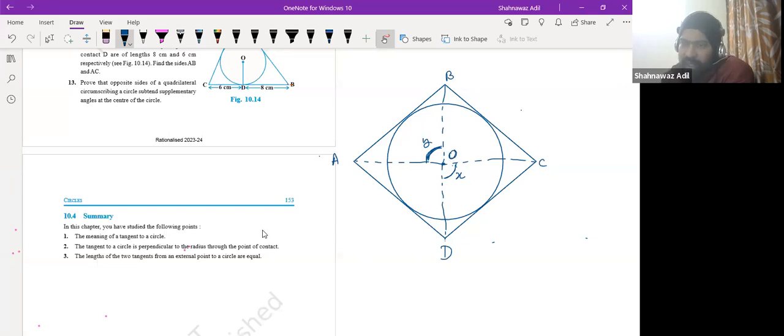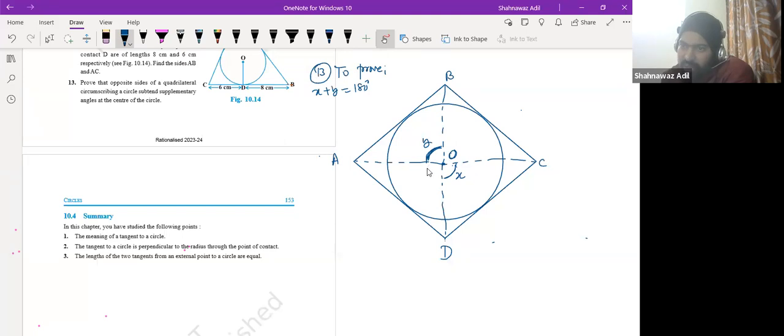What we have to do is show that x plus y is 180 degrees.